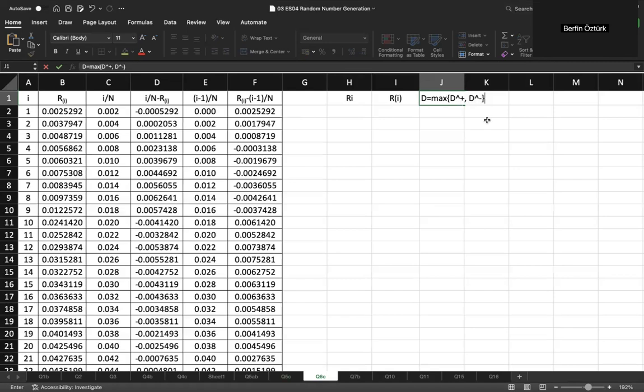Between these two values, we are achieving the maximum one. So this test statistic equals the maximum deviation between the theoretical and empirical CDF.